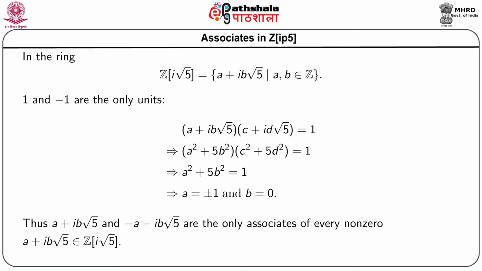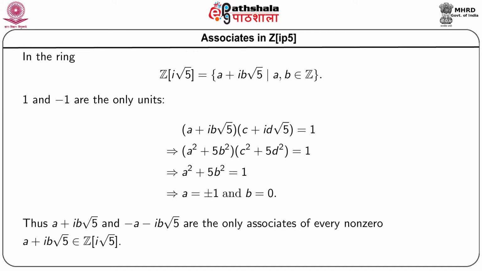For this, consider a plus i b root 5. If it is a unit, then we have another element c plus i d root 5 such that their product is 1.